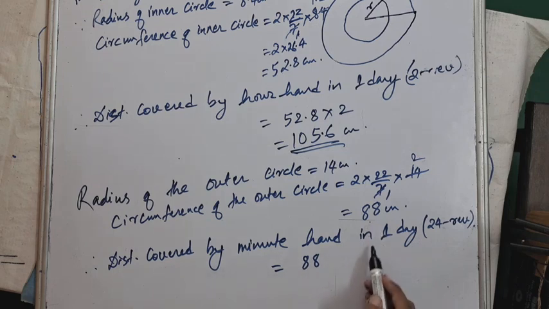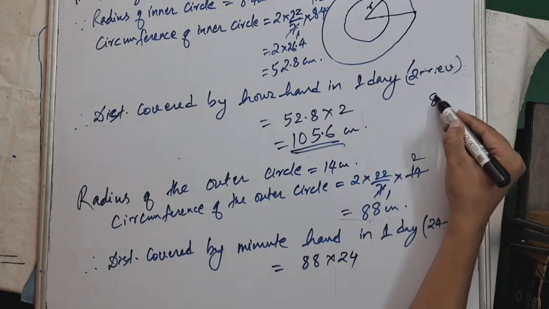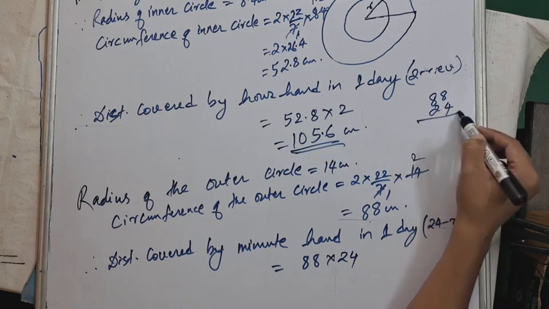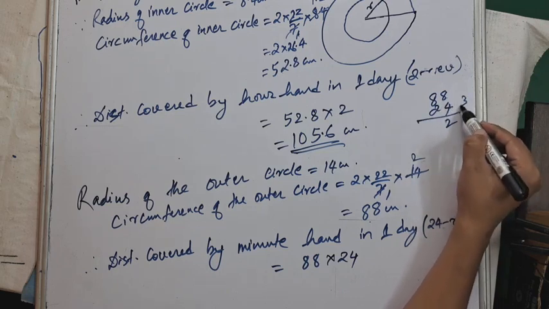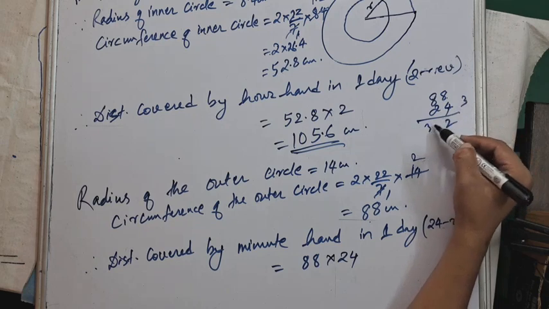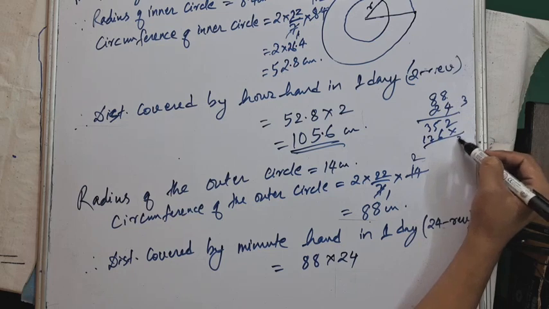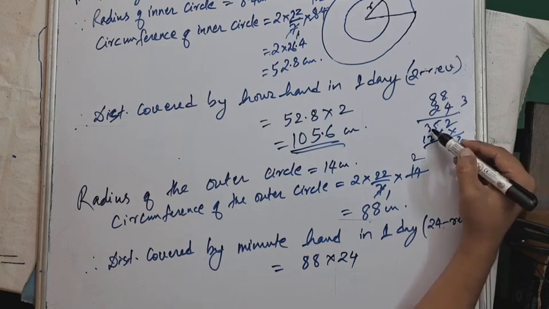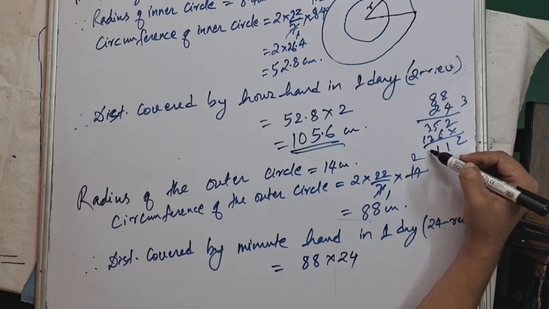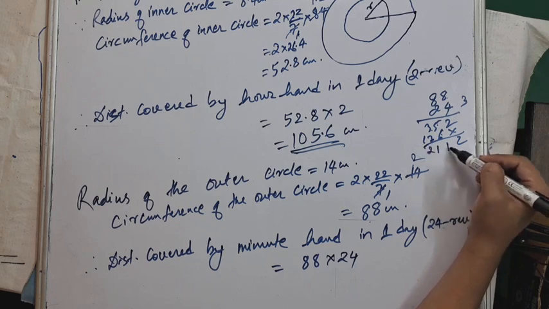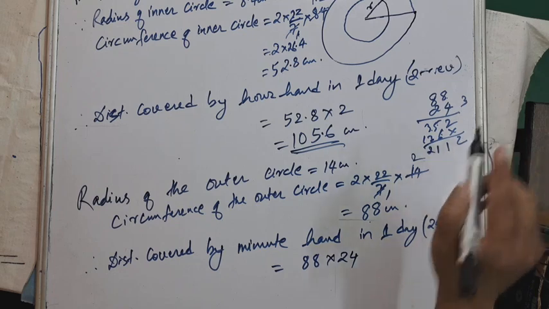So in one day it will cover 88 into 24, since 24 hours means 24 revolutions. 4 8s are 32, 3 in hand, 2 8s are 16 plus 3 is 19, and so on.